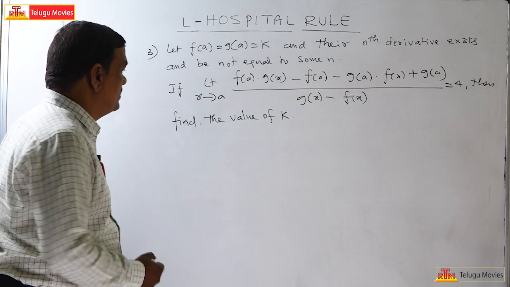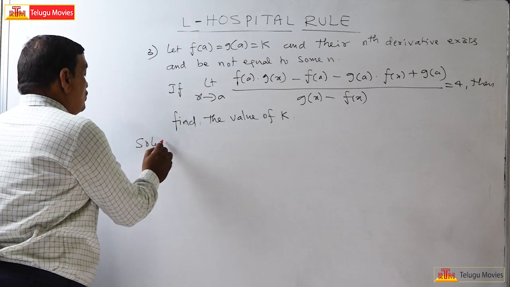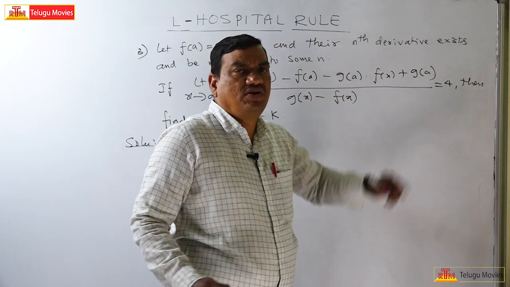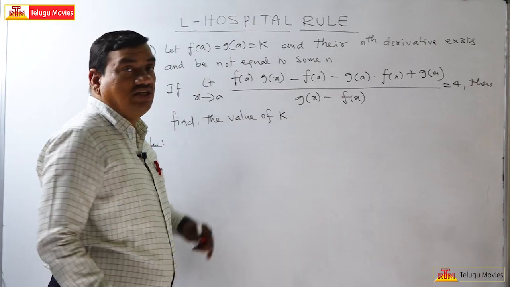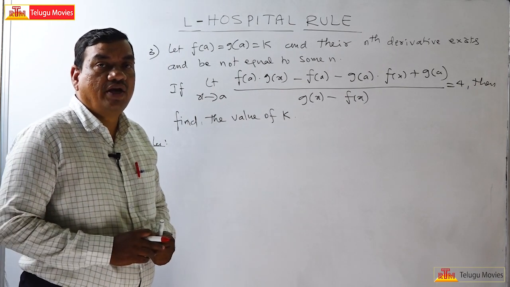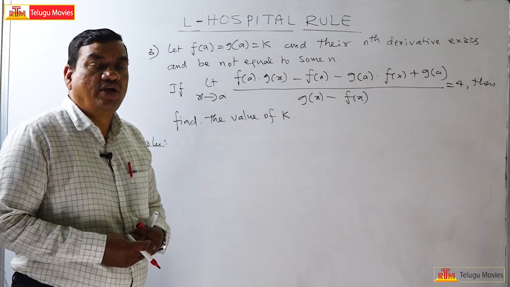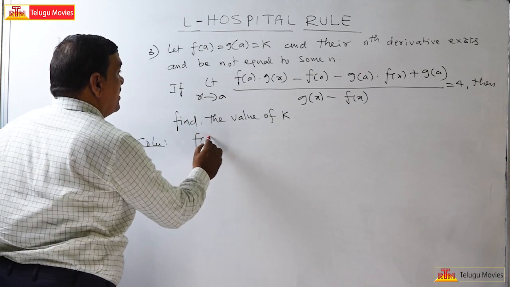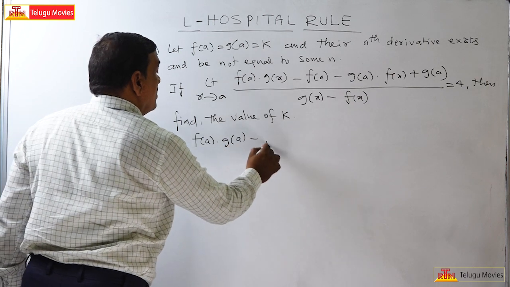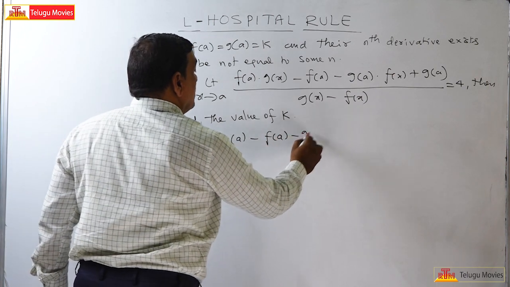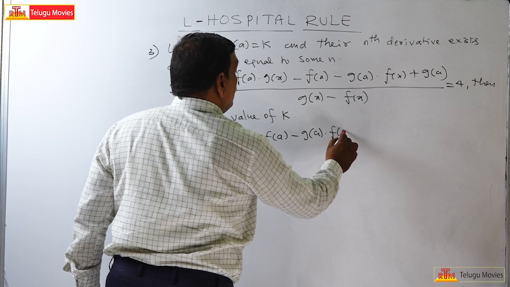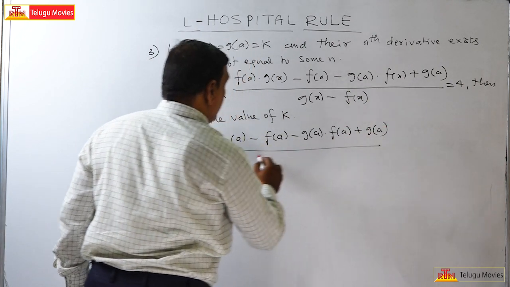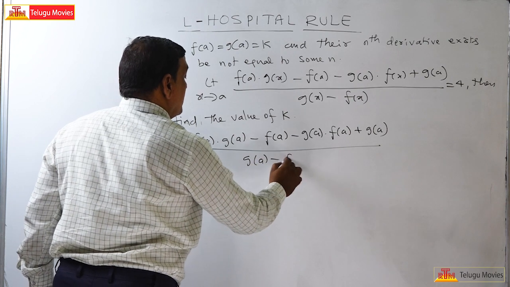Now let us see the solution. So here it is given there is a very big function. As x tends to a, wherever x is, substitute a here. So f of a into g of a minus f of a into g of a into f of a plus g of a, divided by g of a minus f of a.